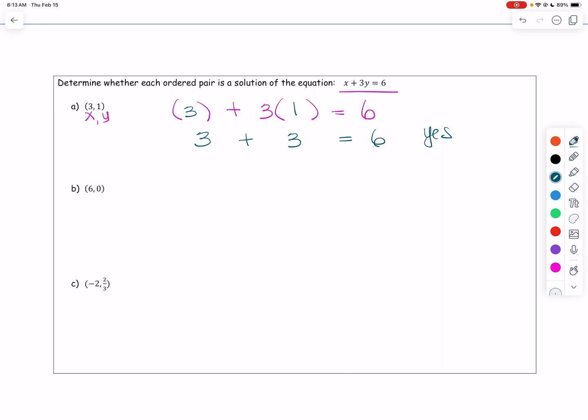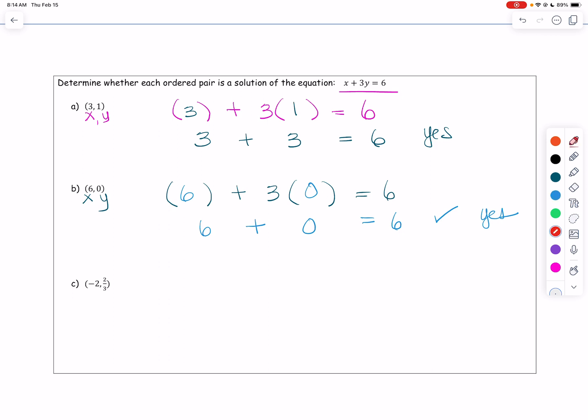Then we go to the next equation. Again, we use the same equation, but we're using a different point. And so this time x is 6 and y is 0. So we put 6 in for x and 0 in for y, and 6 plus 0 does equal 6, so this would also be a yes.